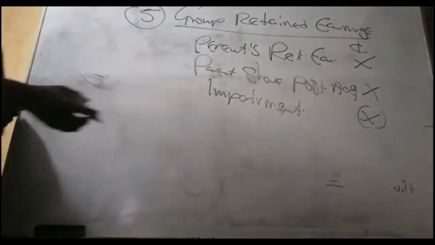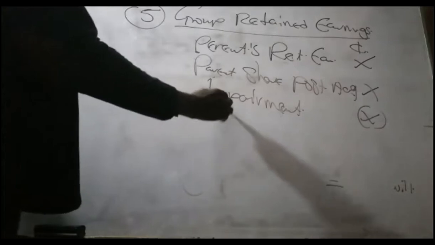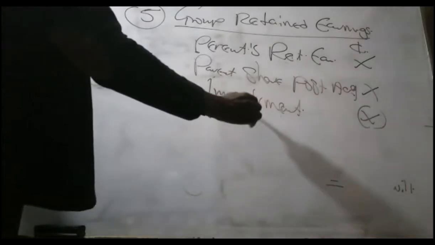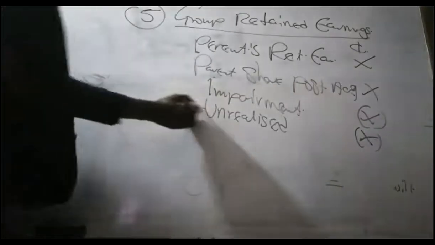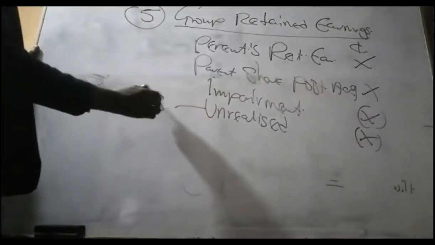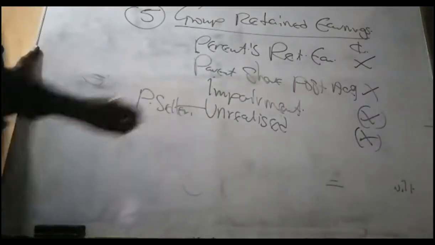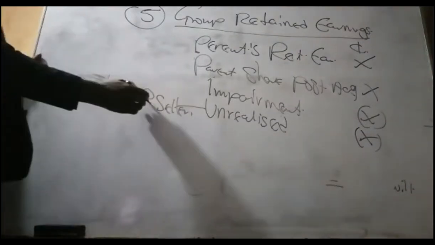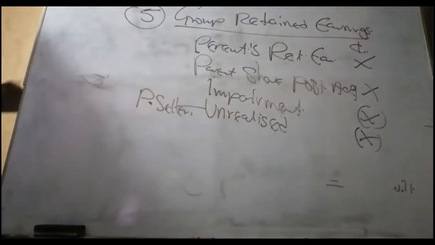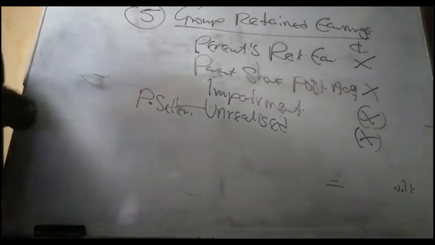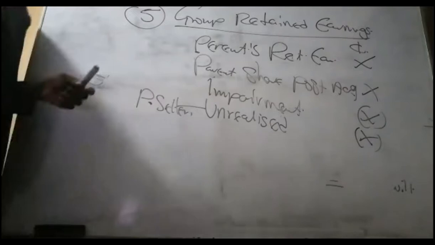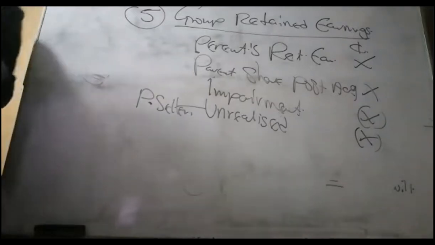After impairment, you bring unrealized profit if the parent is the seller. If the subsidiary is the seller, it will go to net assets, that's step 3.